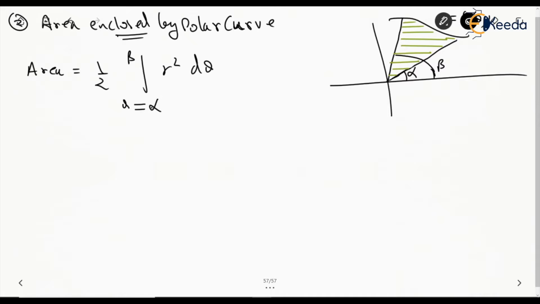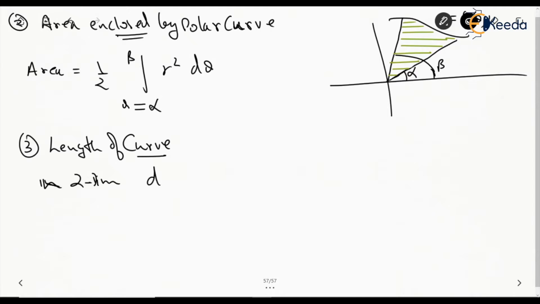Next one is length of the curve. So in case we are in two dimensions, this small ds, the elementary length, is given as under root of dx square plus dy square.